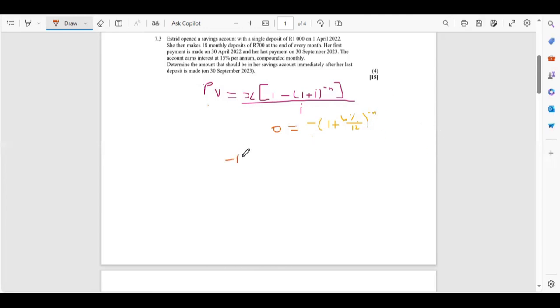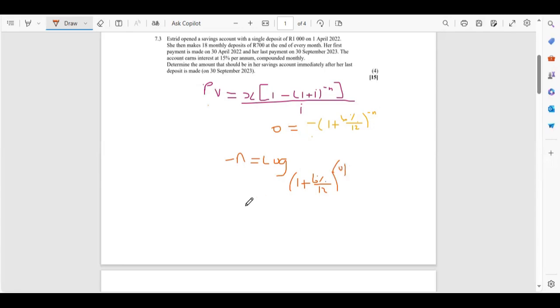So your minus n, in this case, should be the log. My base is whatever was attached to this minus n, and my base in this case would be 1 plus 6% divided by 12. And my exponent is whatever is on the other side, which is 0.